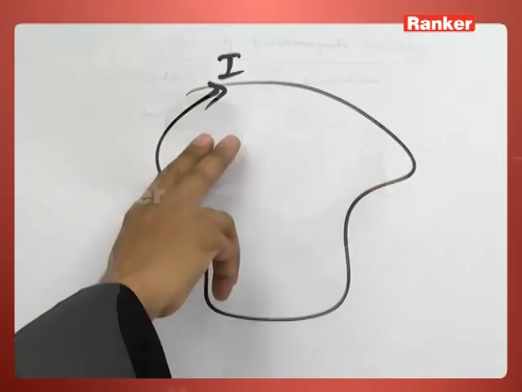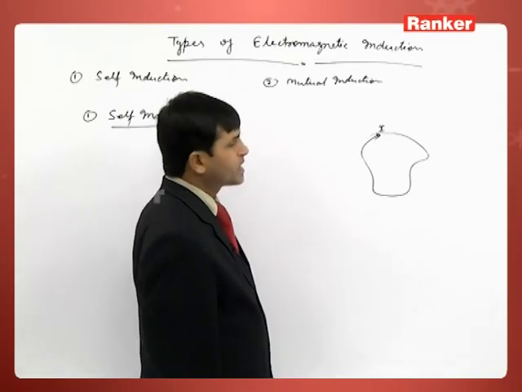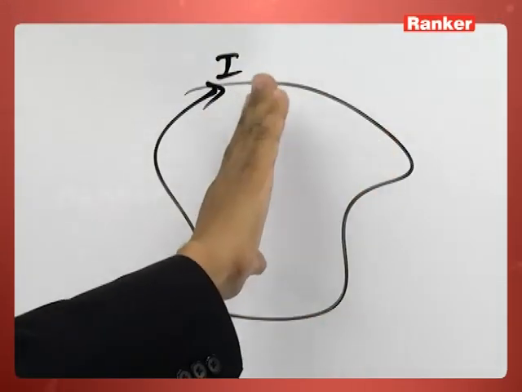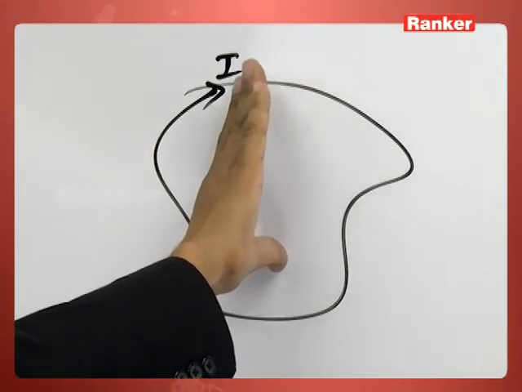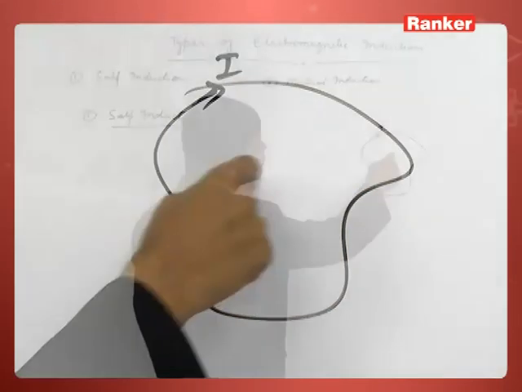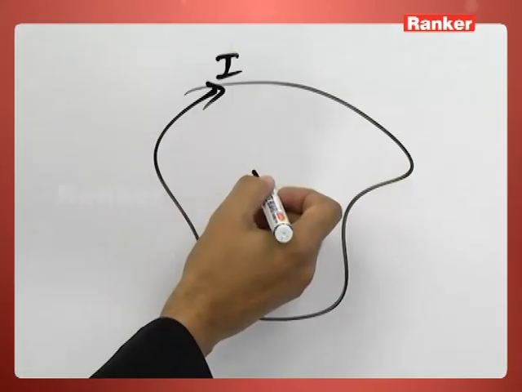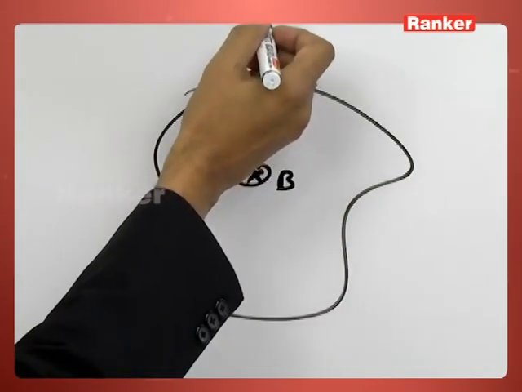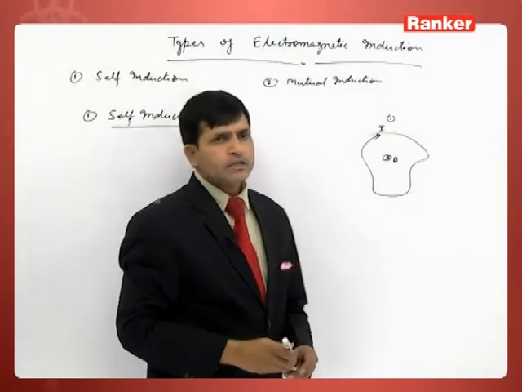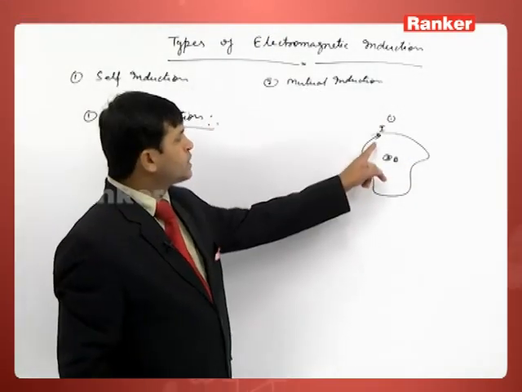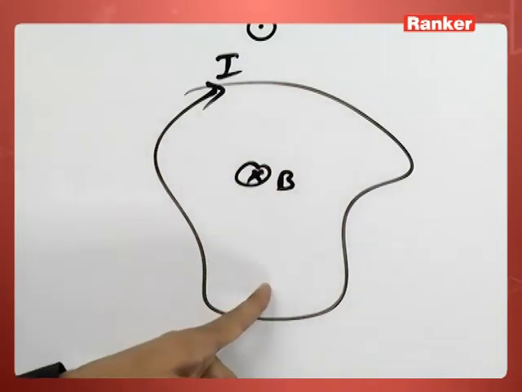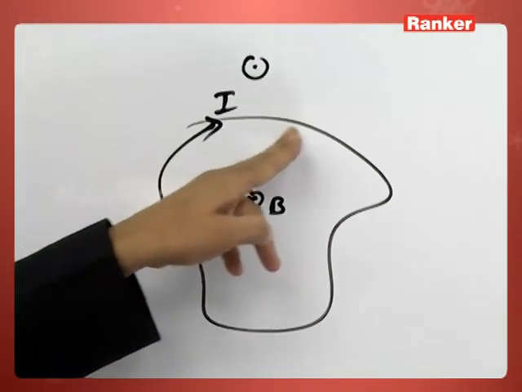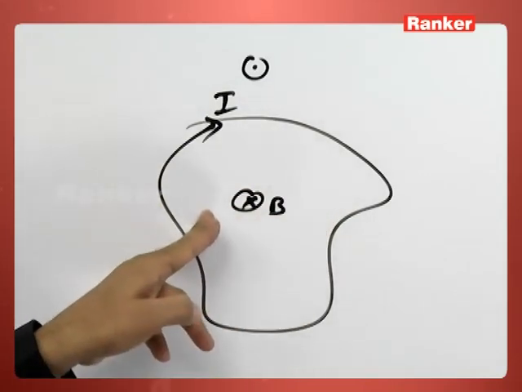If we look at the direction of the magnetic field, using the right hand palm rule or thumb rule, we observe that inside the loop the magnetic field is inward and outside it is outward. So due to the current in this loop, there is a magnetic field through the loop itself.